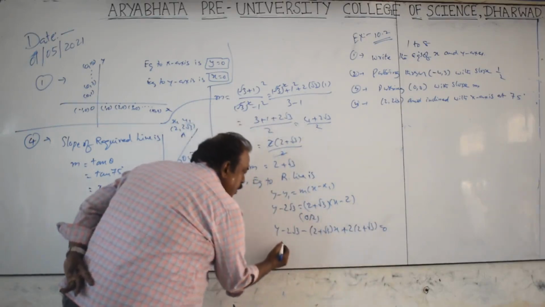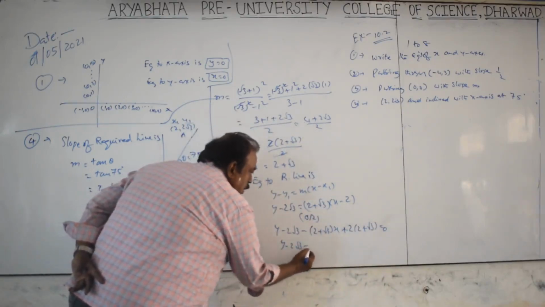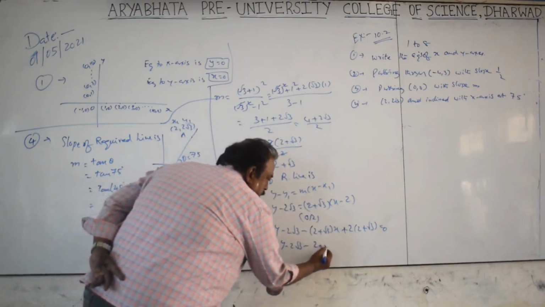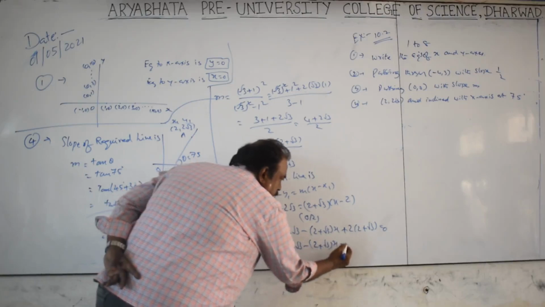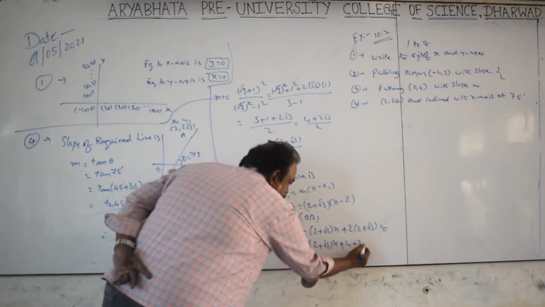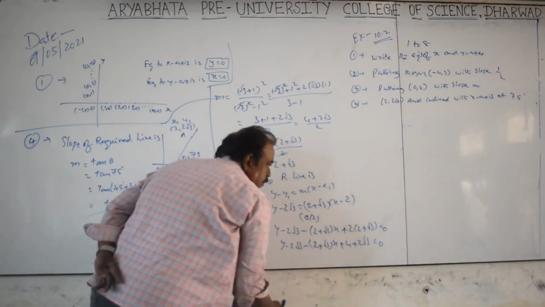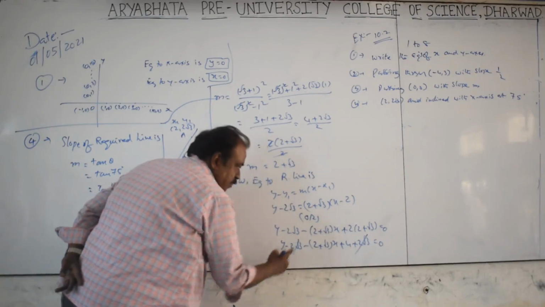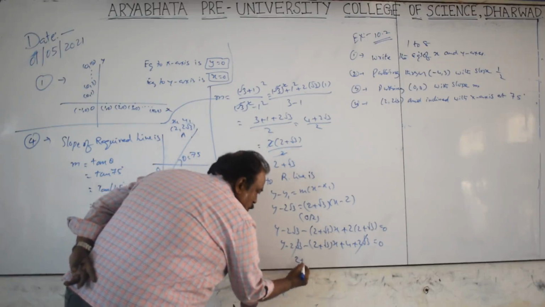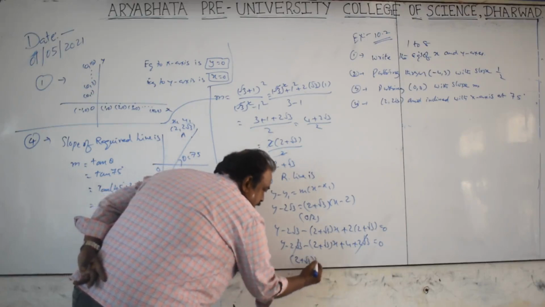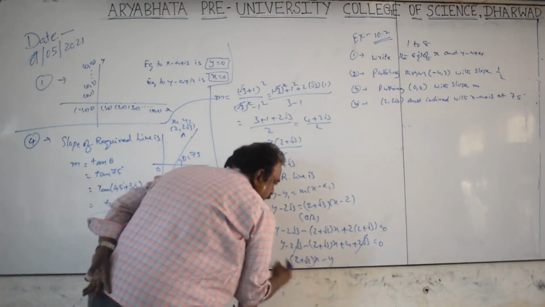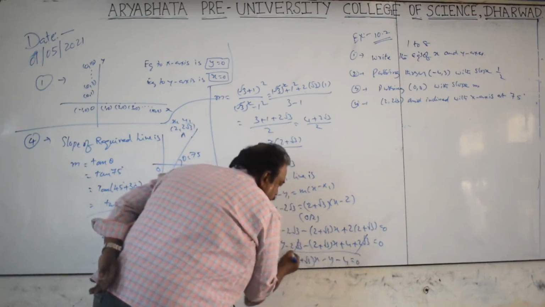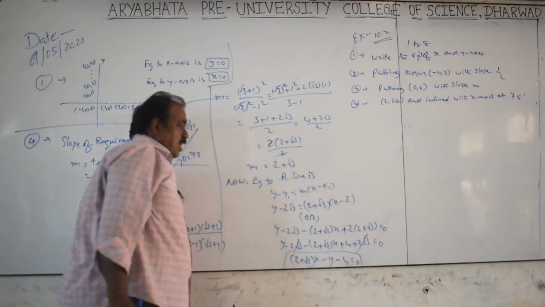Y minus 2 root 3, then (2 plus root 3) x plus 4 plus 2 root 3 is equal to 0. 2 into 2 is 4, and 2 root 3 cancels. There it is (2 plus root 3) x minus y minus 4 is equal to 0. This is the equation of the line.